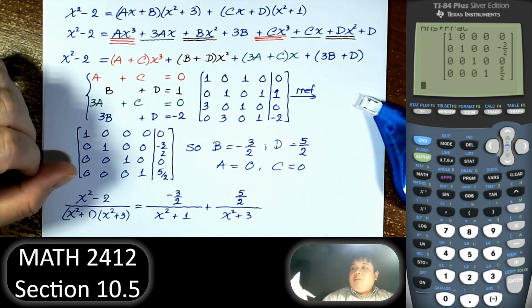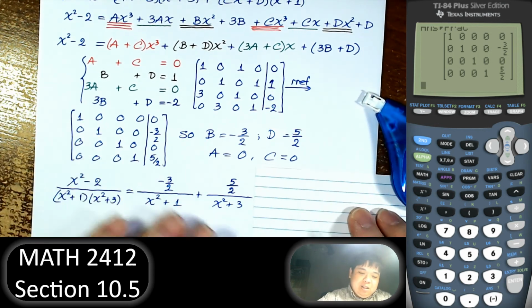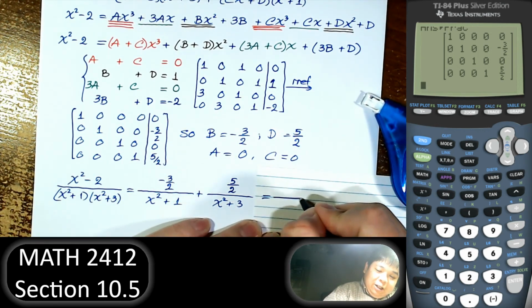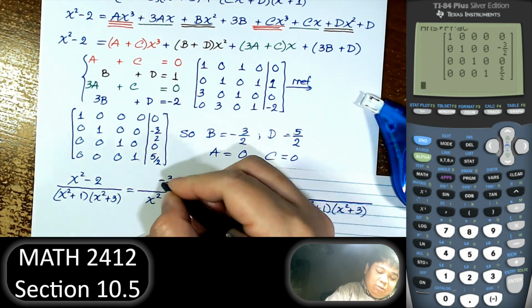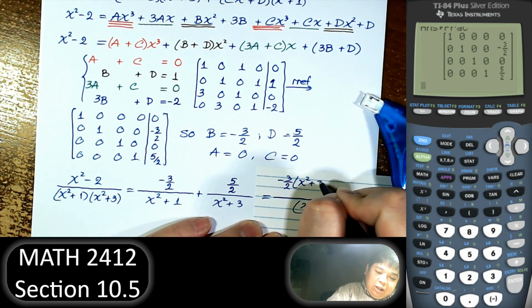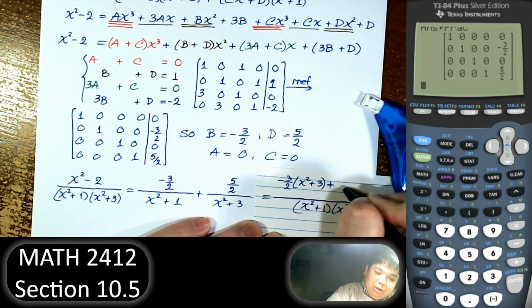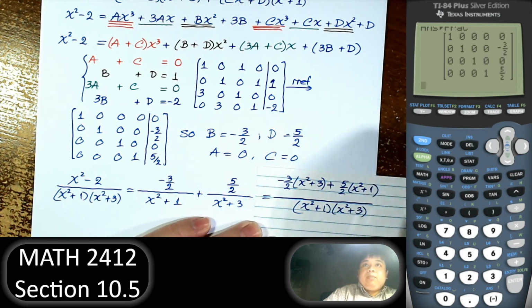Right. Of course, the best way to do this is just multiply them out, combine like terms. So common denominator here we have x squared plus 1, x squared plus 3, and multiply this we have negative 3/2 times x squared plus 3 plus 5/2 x squared plus 1.